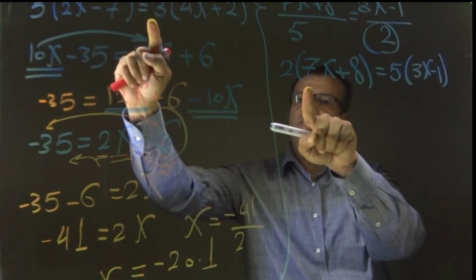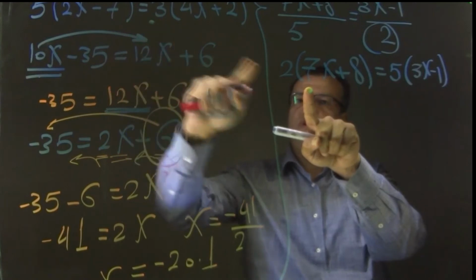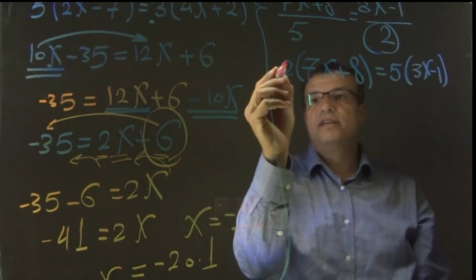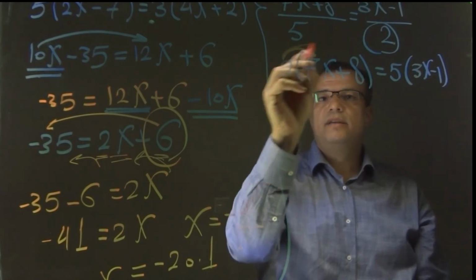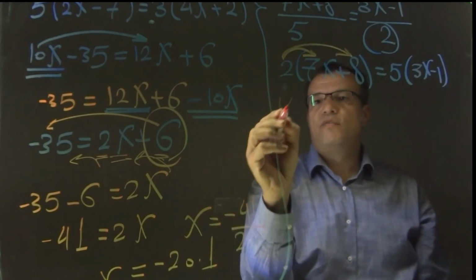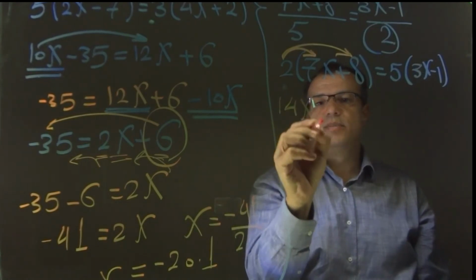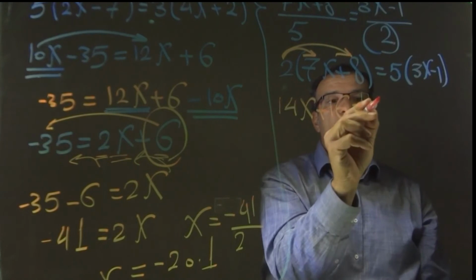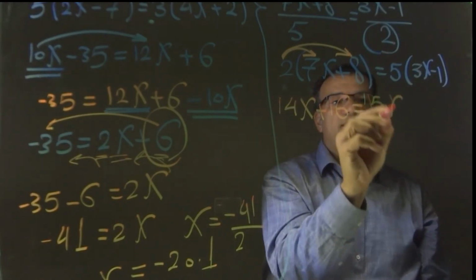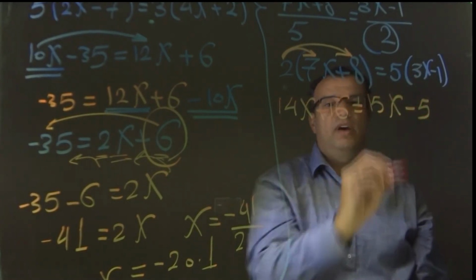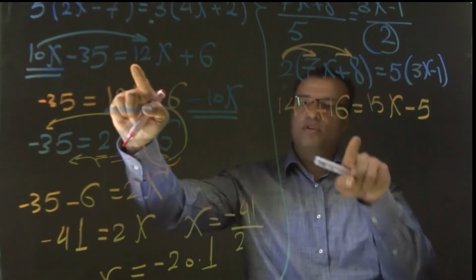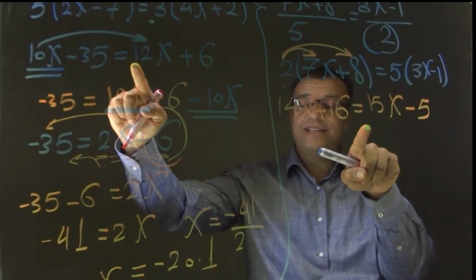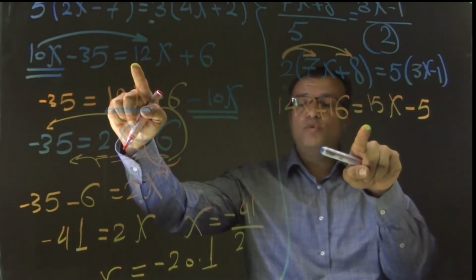What should I do here? Yes, expand the brackets. It will be 14x + 16 = 15x - 5. Now collect x's with themselves. Which should be moved?